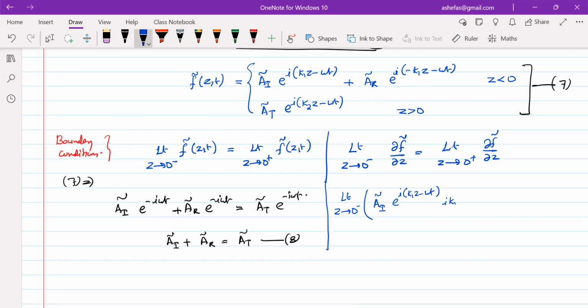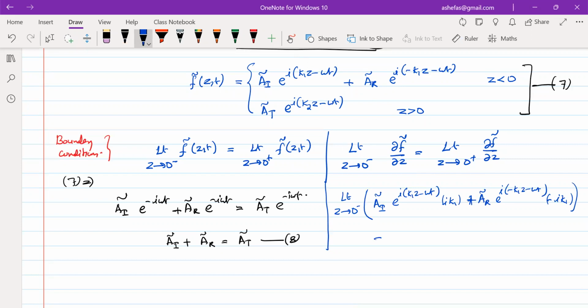Then i k1 would come outside, and there will be a minus sign, ar tilde e raised to i minus k1z minus omega t, this minus sign, okay, better put plus sign, then minus i k1.